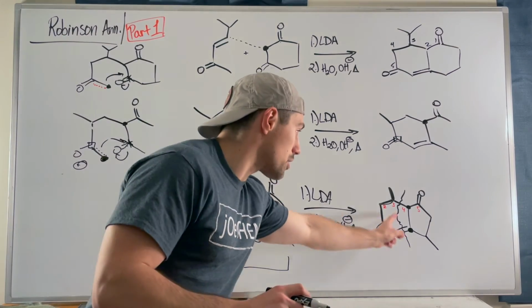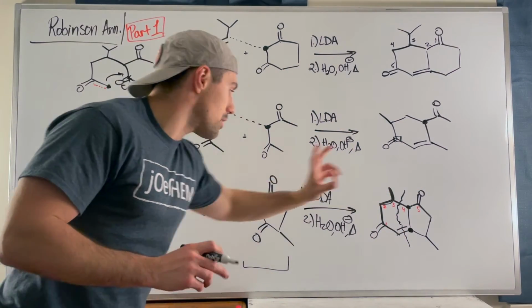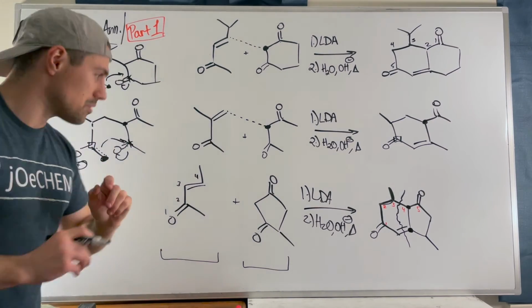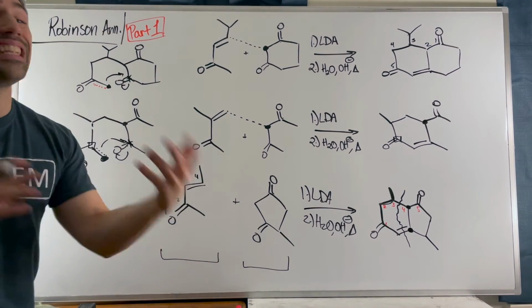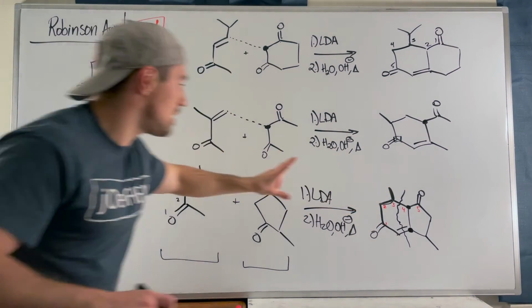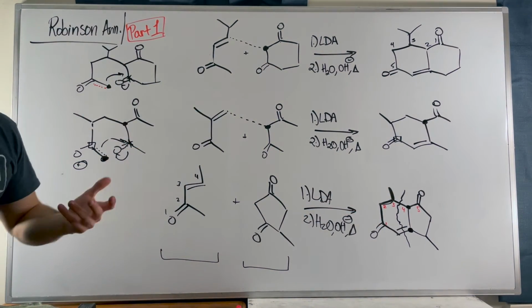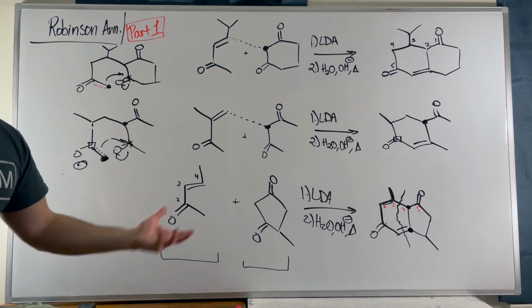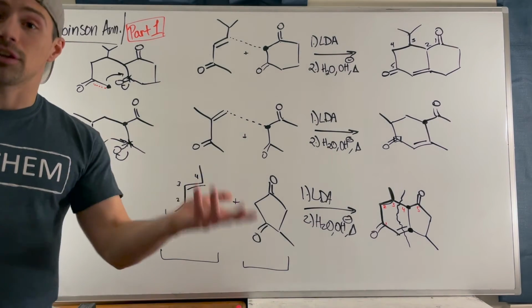You draw your line. You make sure you bring back that second carbonyl, if you have a situation with two carbonyls on the thing that initiates the Michael addition. And then make sure you break out the enone, the alpha beta unsaturated carbonyl that you attacked, and revive that double bond that disappears in that first step.